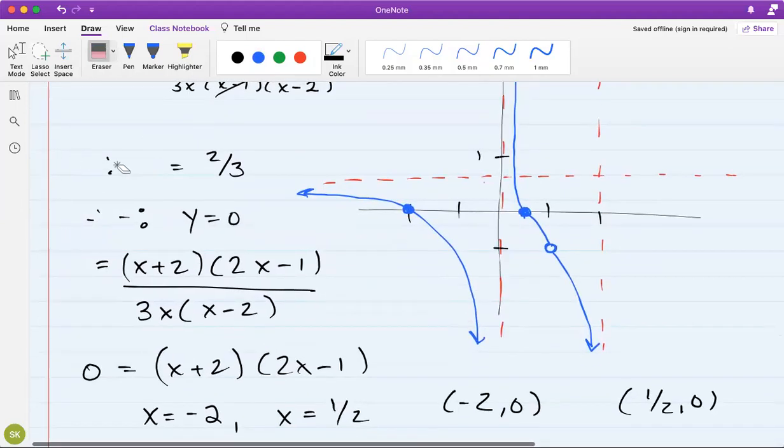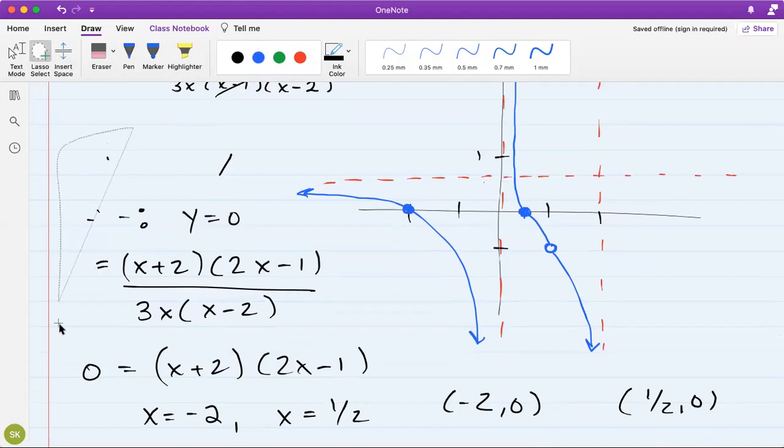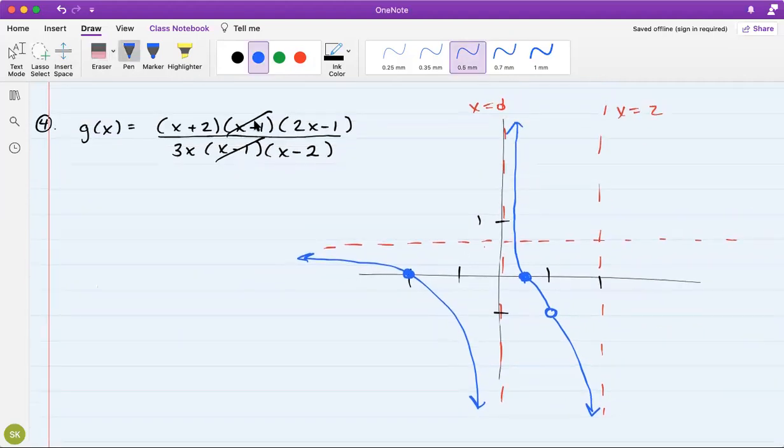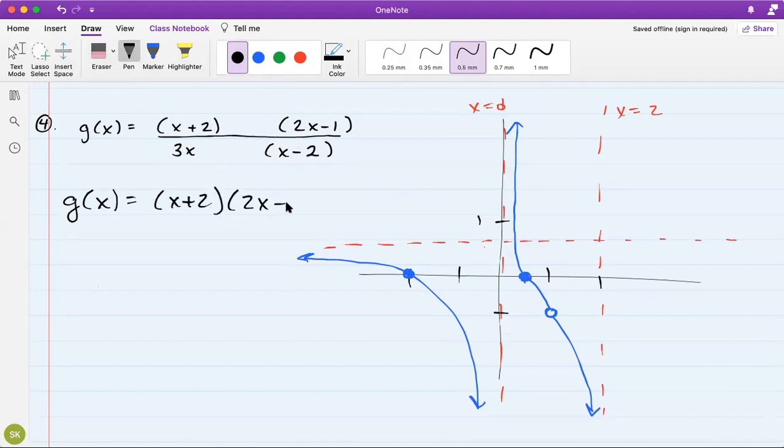So let's erase this. Delete that. Okay, let's delete this so I don't have to worry about it. So this is our function g of x is equal to (x + 2)(2x - 1) over 3x(x - 2). And let's plug in something bigger than 2, so let's go with 3.